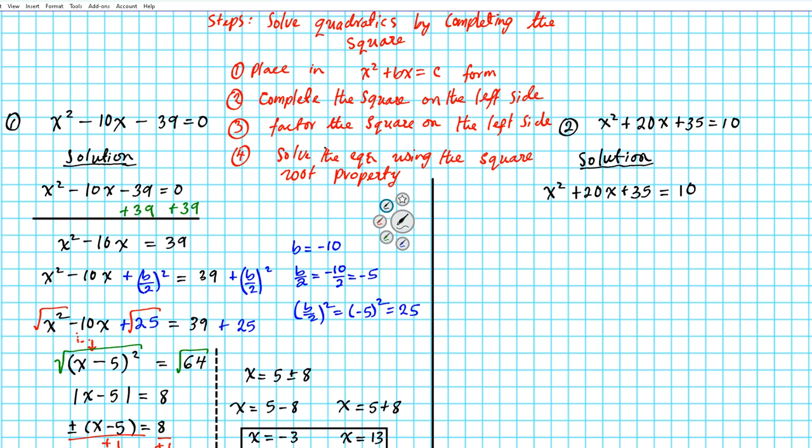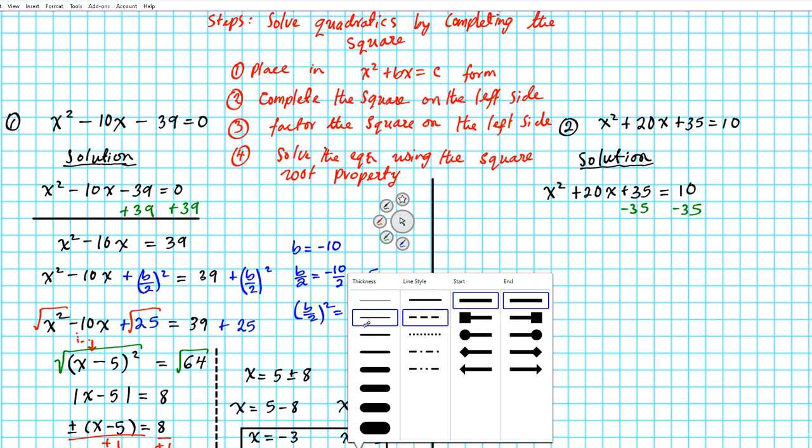So the first step in solving quadratics by completing the square is to put it in x squared plus bx equals c format. All right, so to accomplish that, we just move the constant to the right side of the equation. So the constant is 35, so move that to the right side of the equation.